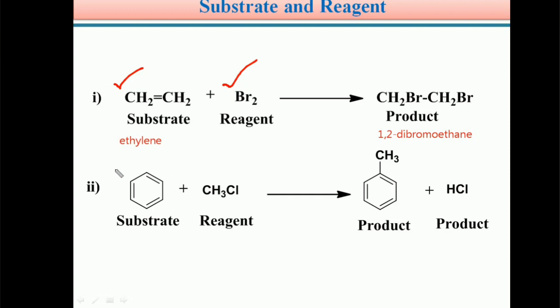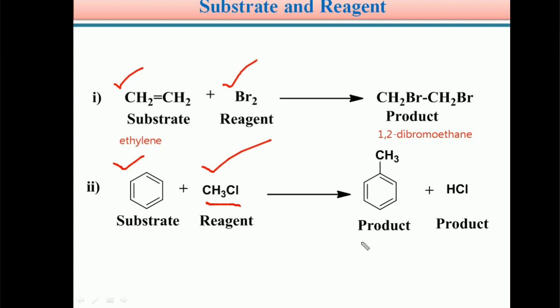For example, here you can see benzene, with molecular formula C6H6. Whenever benzene is treated with chloromethane, CH3Cl, or you can call it methyl chloride, both are correct.